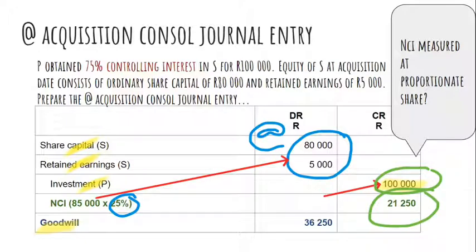And what the parent was willing to pay for his portion, together with what the parent measured NCI to be, is more than the value of the business of the subsidiary at acquisition date. And as a result of being willing to measure the proportionate share higher than the value of the business, you end up with an asset, expected future economic benefits.